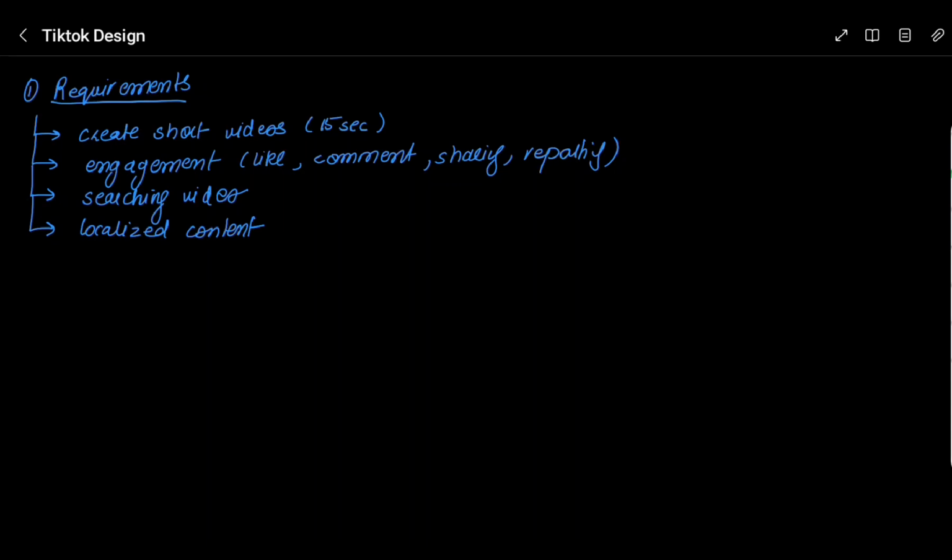Perfect. So we have our requirements perfectly laid out. But whenever you're building an architecture, whenever you're proposing a particular architecture, you would need some sort of metrics to evaluate your architecture according to it. And these metrics, let's lay a few out. We need the scalability metric. We need the availability metric.